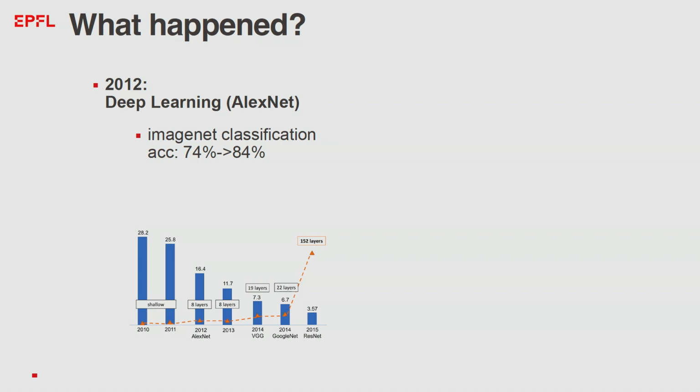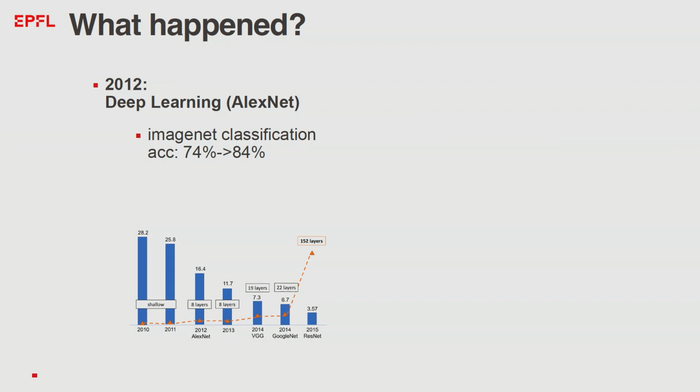So what happened? A similar thing happened maybe 10 years ago, where we had a capacity jump in traditional deep learning, with image classification accuracy improving. The error rate got cut in half in 2012, which is one of these blue bars here.